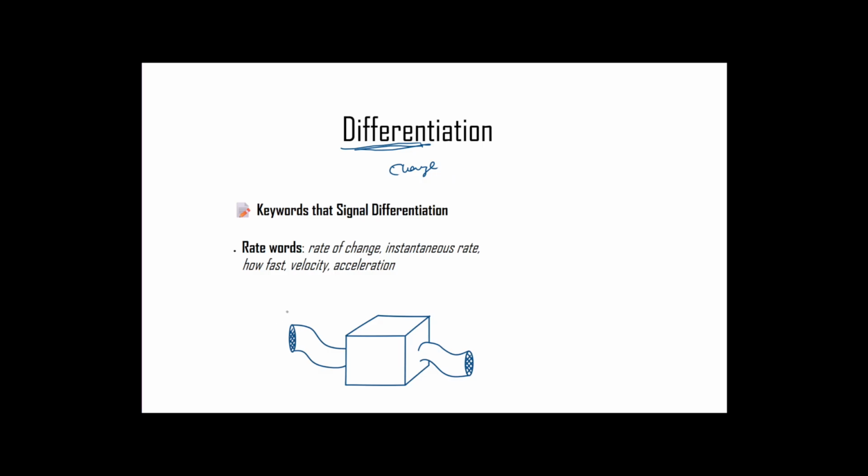So if we imagine this is our function, f of x, and we put something in here, and it goes through this, and it comes out the other end here as something else. Okay, that's our function.